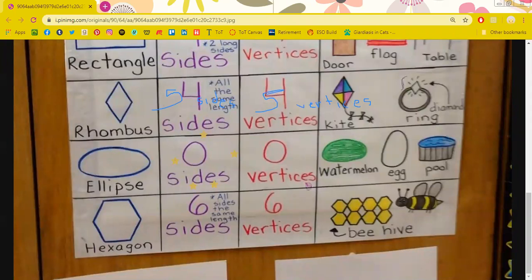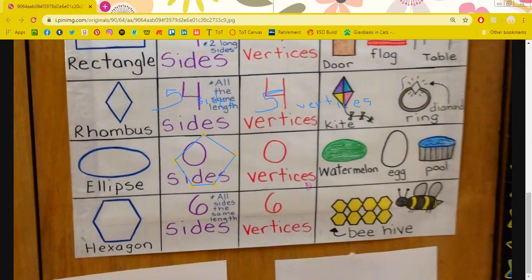So I'm going to start at 1 star, pull it up, this star over here, keep doing that until my shape is finished. And because I connected all of the dots, I don't have any gaps. My vertices and my sides match, and I'm able to make a shape.